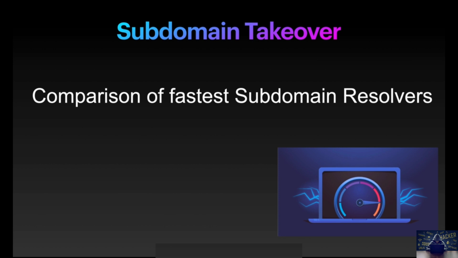So what do we need to do? I have already done the comparisons for the fastest subdomain resolvers that can help you quickly process the subdomain enumeration part, so you can focus more on the subdomain takeovers of those particular targets. So let's quickly see how you can do this.